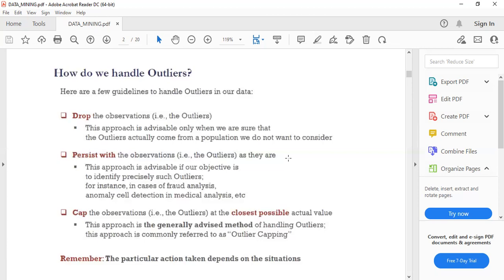Dropping the observations. This approach is advisable only when we are sure that the outliers actually come from a population we do not want to consider.